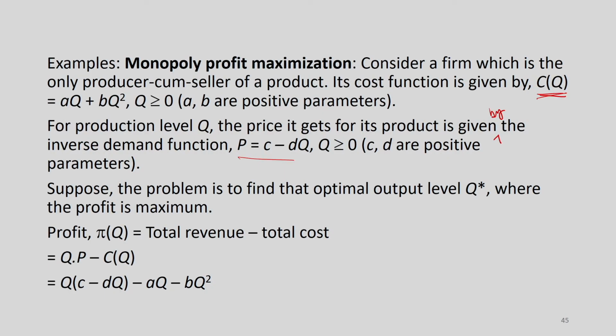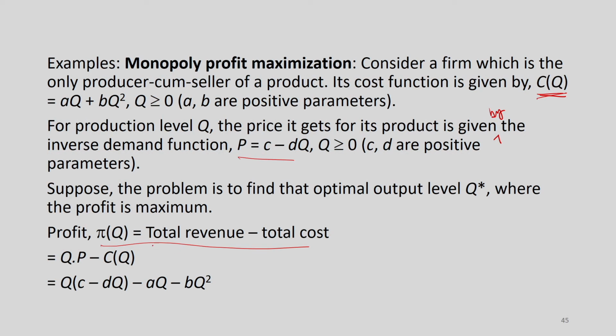So, first let us try to write the profit function. Profit also is a function, and it is going to be a function of the quantity, as we shall see. That is why I have written it as pi. Pi is a function of Q. Now, what is profit after all? Profit is what money you are getting by selling your product minus the cost that you have to bear to produce that product.